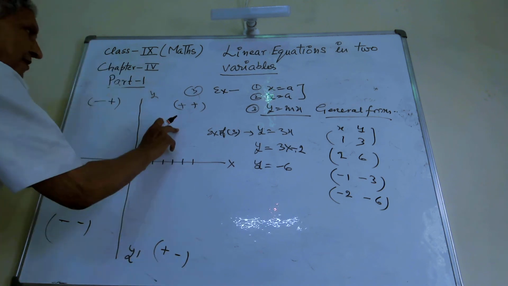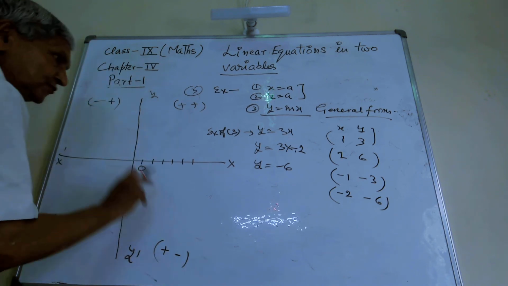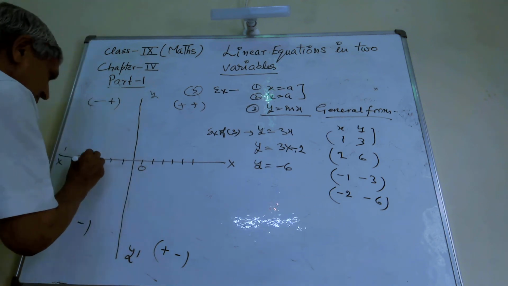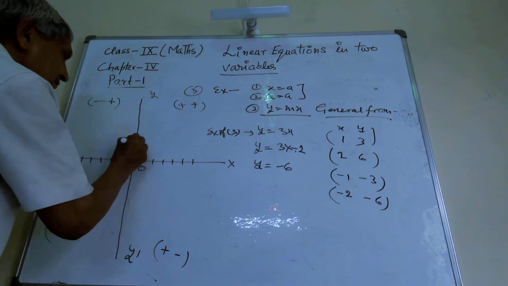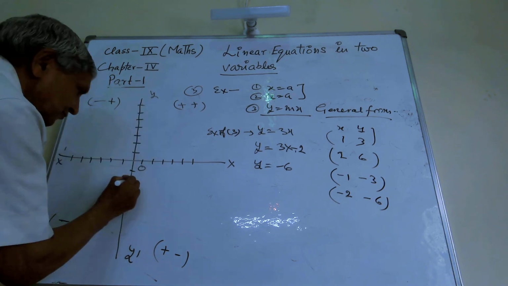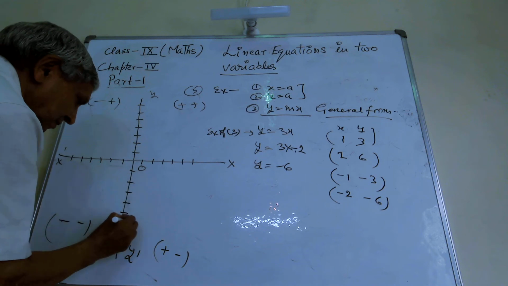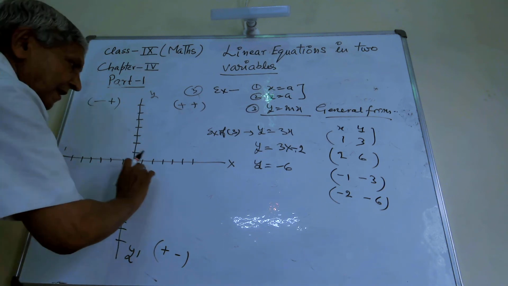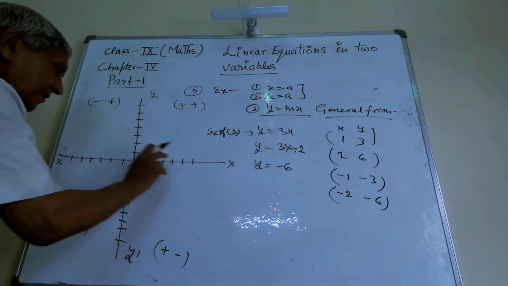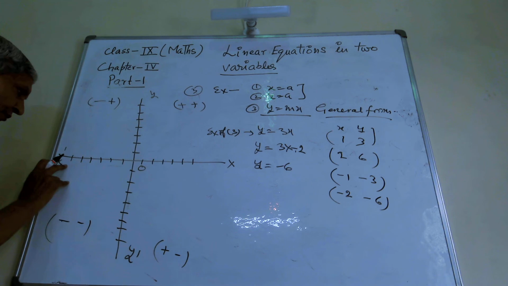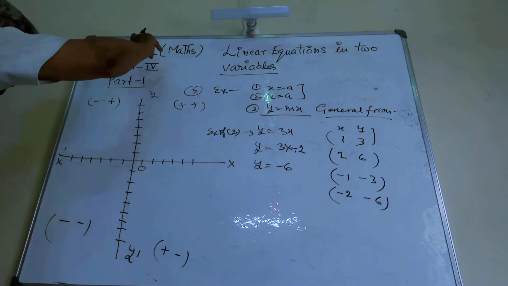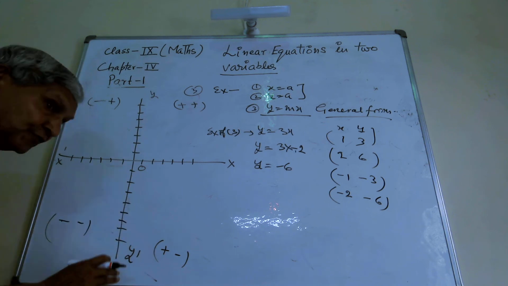This is the first quadrant, this is second, this third, this fourth. Now plot these points. Positive x moves to the right-hand side, negative x moves to the left-hand side, positive y moves on the upper side, and negative y on the downside.